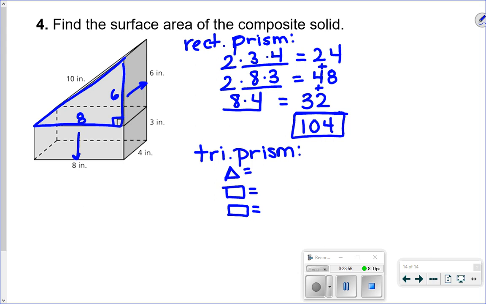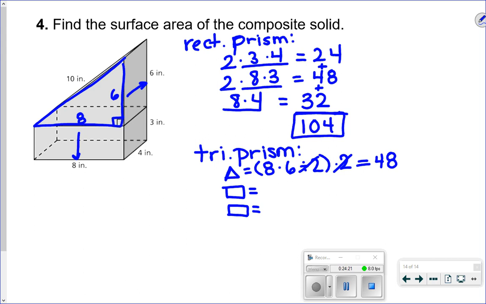So for the triangle, remember we do 8 times 6 divided by 2. That counts as 1 triangle, and then times 2 because we have 2 of them. If you want, you can think about the divided by 2 and the times 2 canceling out. So really, we only need to do 8 times 6 is 48, but that counts for both triangles.